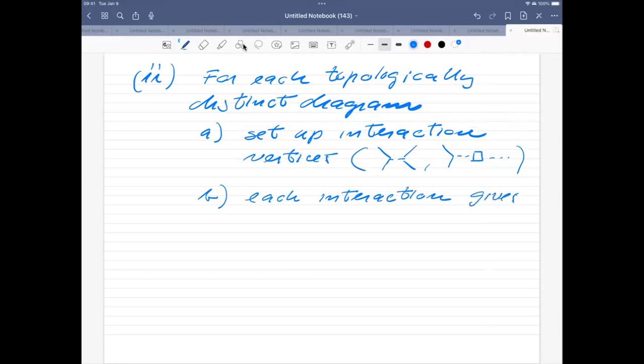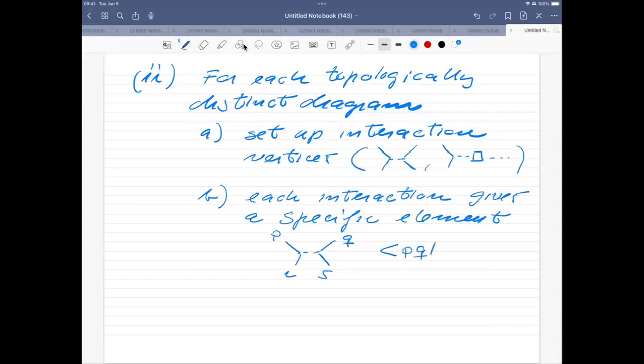which gives a specific expression, a specific element. If I'm having a generic state like this with p, q, r, and s, this gives a contribution which runs like <pq|v|rs>.